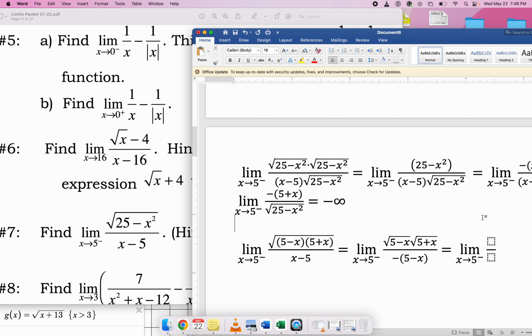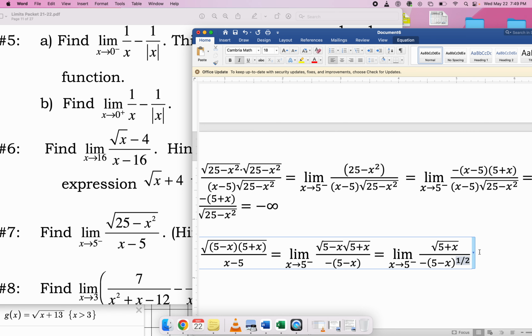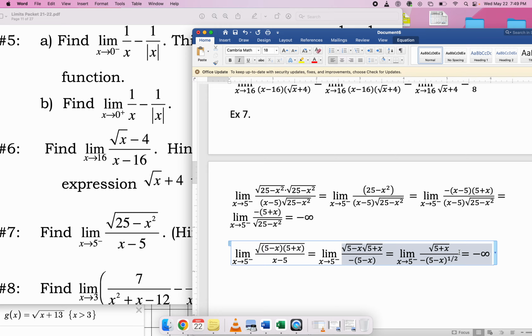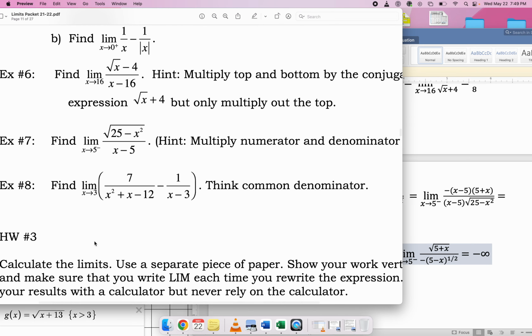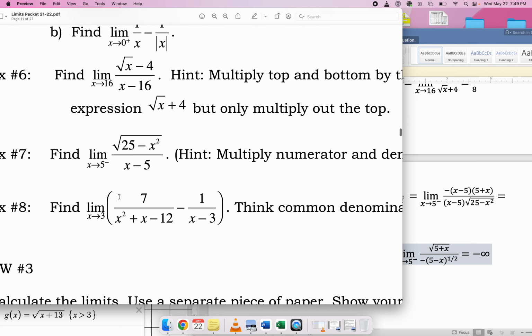You have opposite of 5 minus x to the 1/2 left over in the denominator. Yeah, and if you plug 5 into that, then you get a non-zero number over 0, and the same analysis will give you negative infinity. Is that a better way of doing it? Yeah, I don't really know if it's a better way of doing it, but it's a different way of doing it.